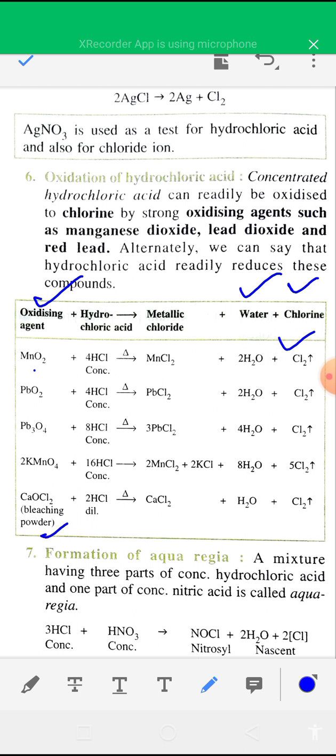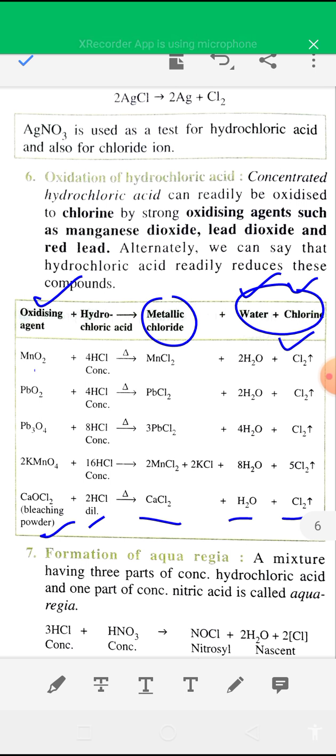When bleaching powder, CaOCl2, is treated with HCl, you will get CaCl2, calcium chloride, water, and chlorine. So water and chlorine are common in all these reactions; only the formula of the metallic chloride is different.